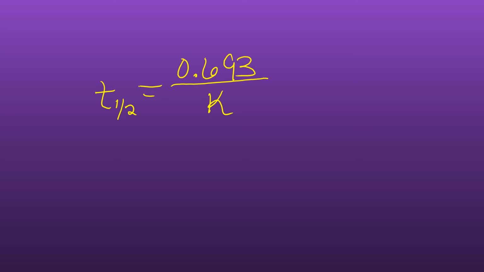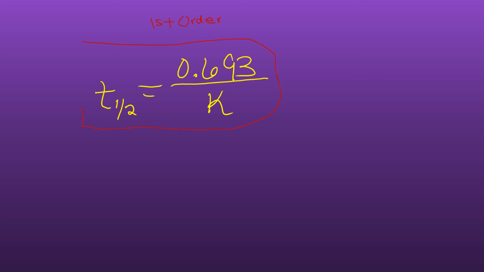Half-lives. This is a first order half-life. This is the only one you have to memorize. You should be able to do zero order because it is however long it takes for that concentration to go down to half, and I can give you that formula next time, but that one should be pretty much easier to do.